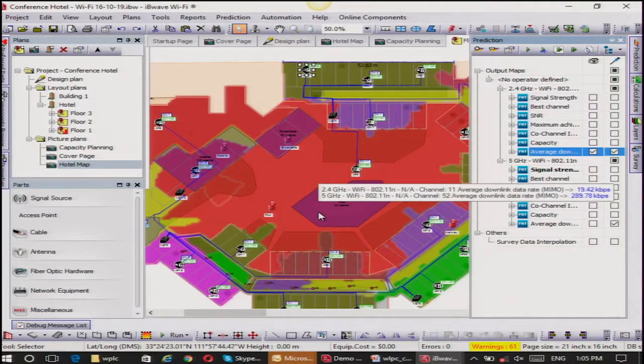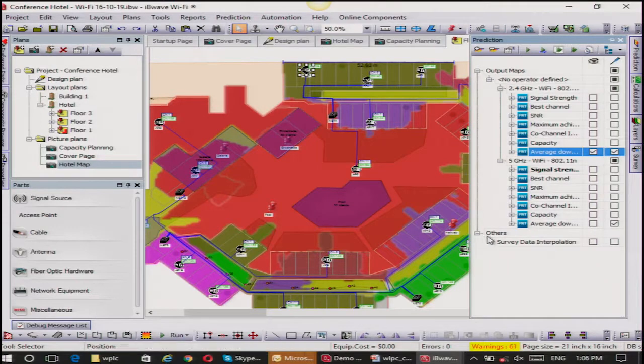And needless to say, I had much better results at 5 gigahertz because 80% of my customers have been defined on the 2.4 gigahertz network. So I have fewer clients at 5, and I have a much better CCI distribution at 5. So needless to say, my 5 gigahertz 802.11 network is working much, much better than my 2.4.